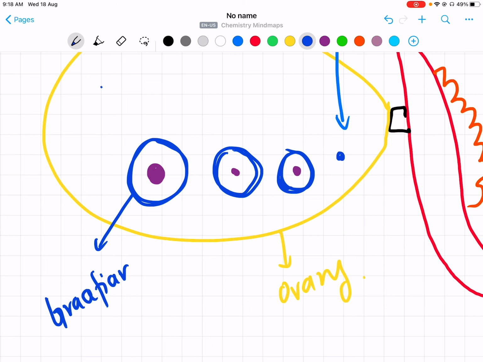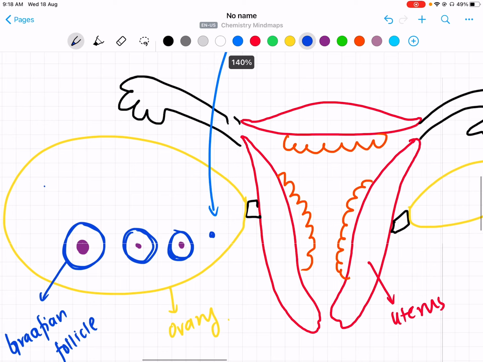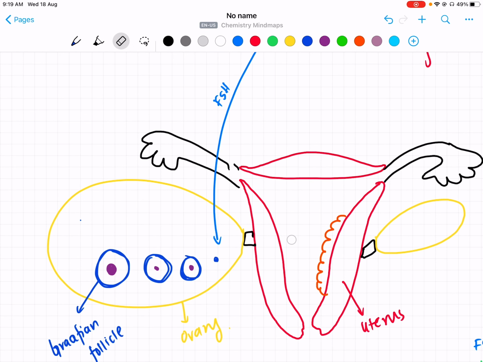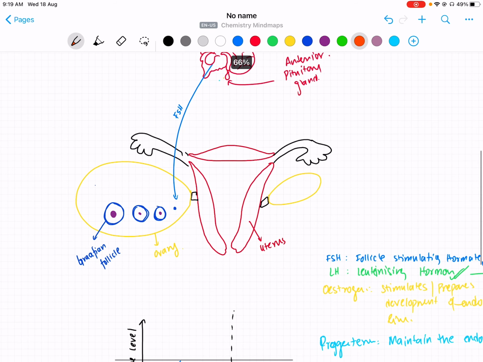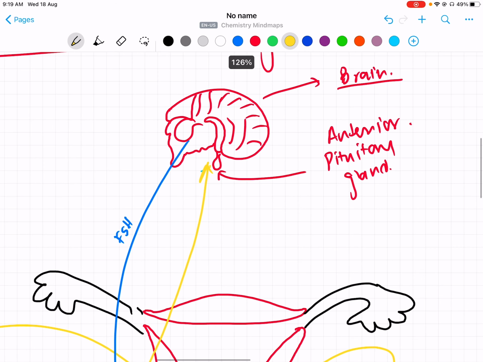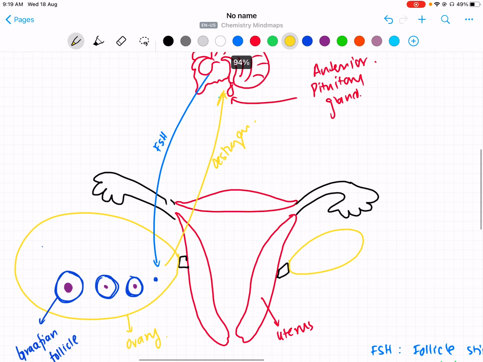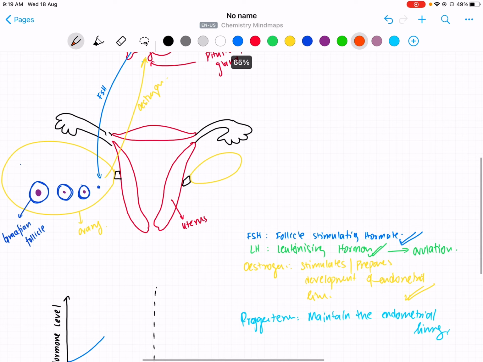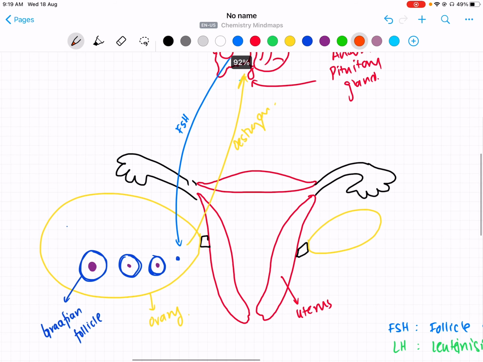Now, as the Graafian follicle was developing, it was producing estrogen. Here we are, yellow. Estrogen is the hormone that prepares the development of the endometrial lining.